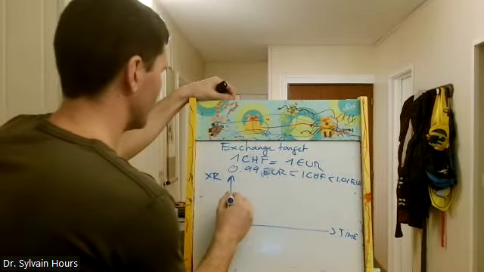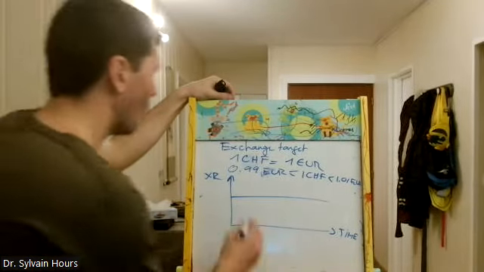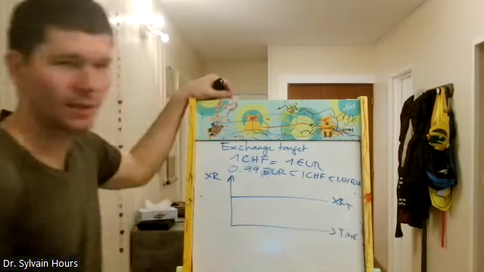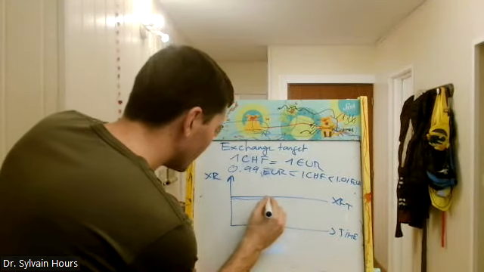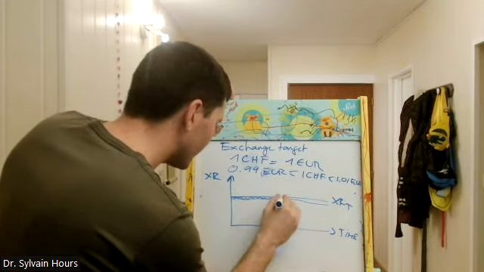Either the exchange rate is going to become absolutely constant, or, so this is the target, XRT for exchange rate target, or if you have this very narrow range, it's just going to remain inside this range.